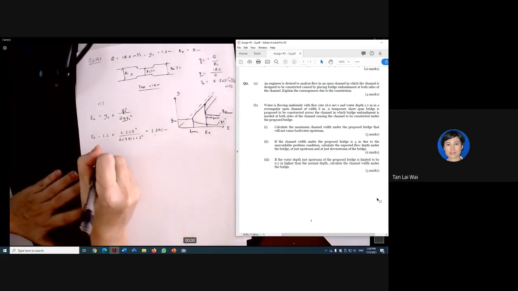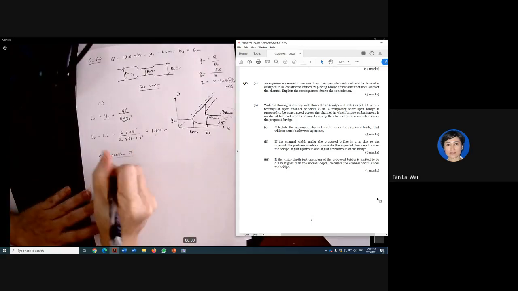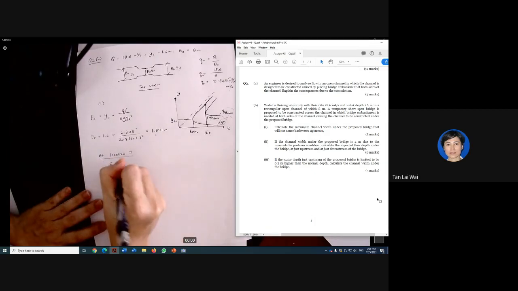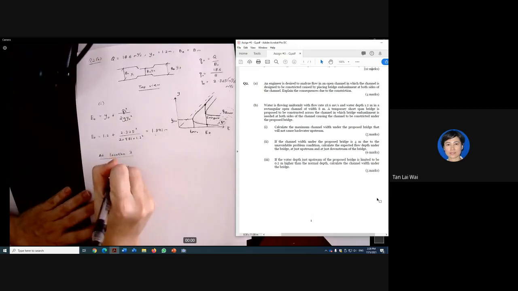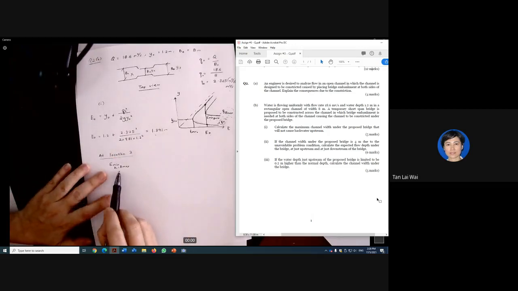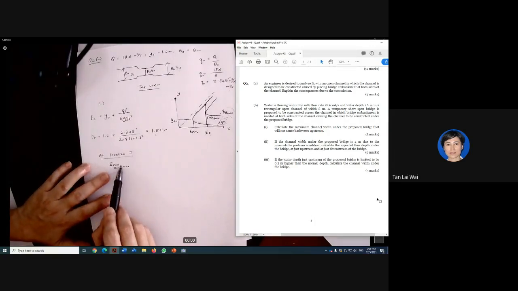So let's say at location 2, my E min when it's B max, B2 equals B max, I'm just going to write. By right, in your calculation, if you don't write this, it doesn't matter. As long as you understand, you can give me E min 2.